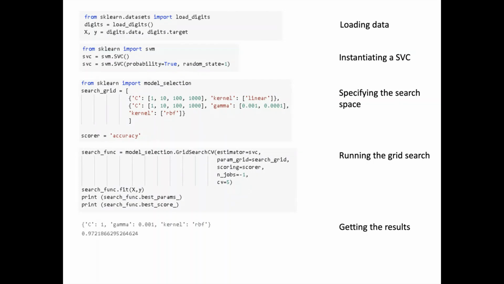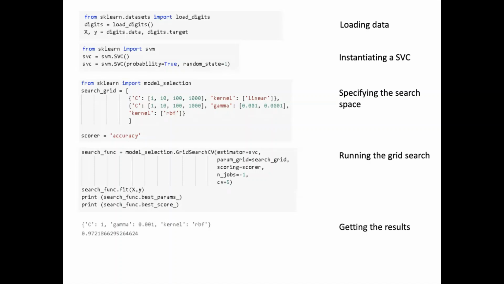Since the linear kernel takes different hyperparameters from the radial basis function, you have to specify exactly how the grid search works by providing two different sets of values to search, in case of a linear kernel and a radial basis function.